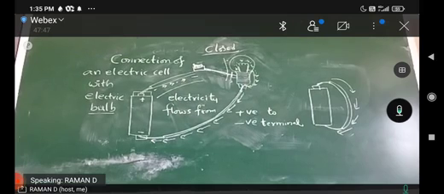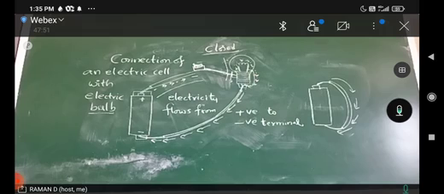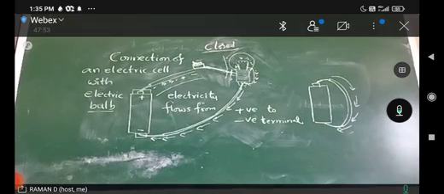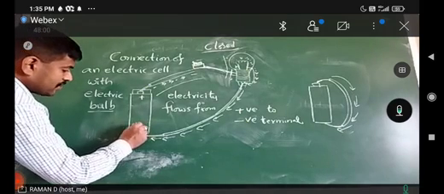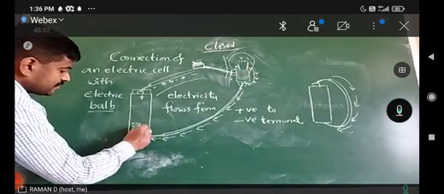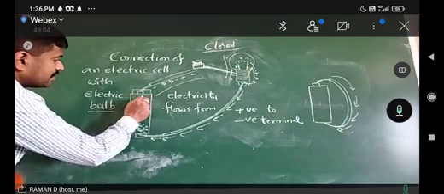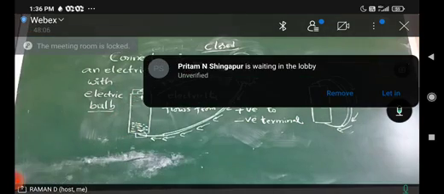The negatively charged particles are accumulated in the negative terminal of this electric cell. Here, more electrons will be there, whereas here, very few will be there. Right?